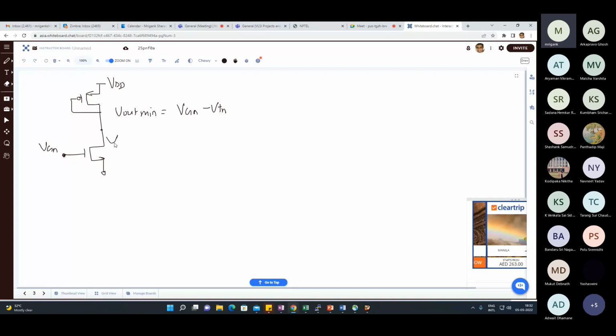So if your output voltage goes below VGN minus VTN, M1 will enter triode. What is V out max, the maximum allowed voltage of the amplifier? VDD plus mod VTP.